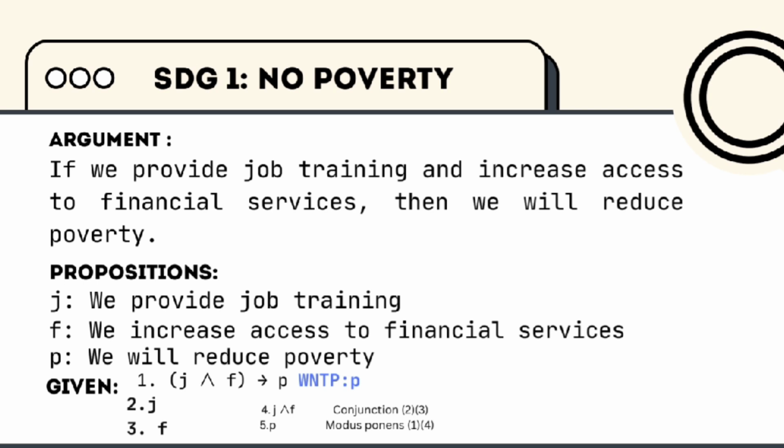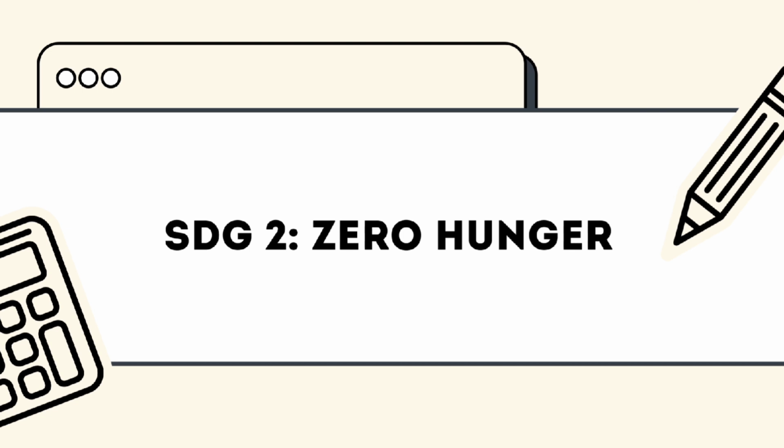Then we can get J and F, which you can see in number 4. So using modus ponens on premise 1 and premise 4, we can get P, which proves the argument in SDG 1.